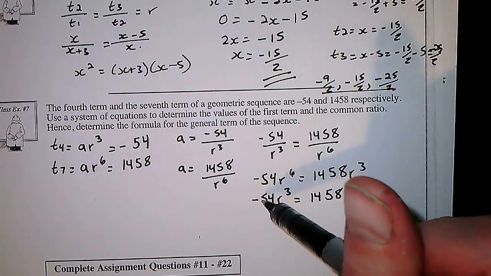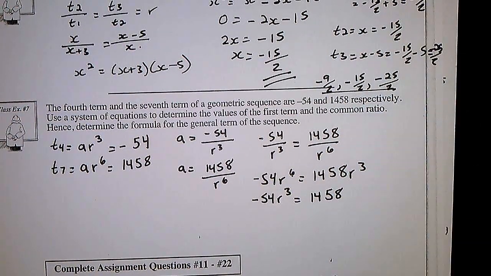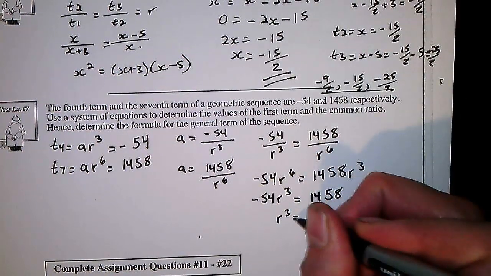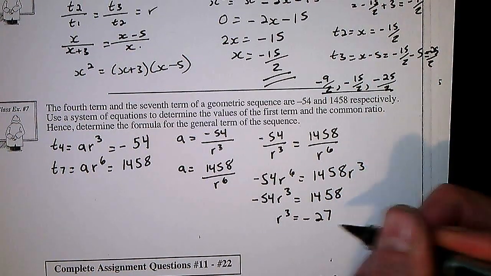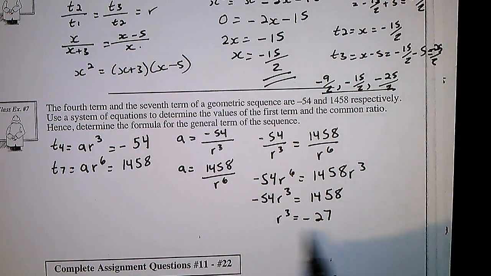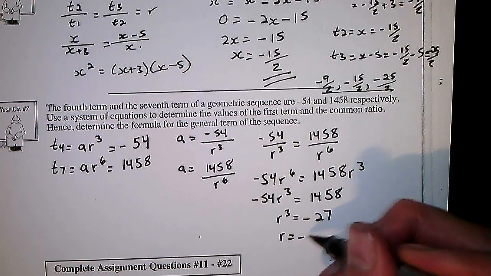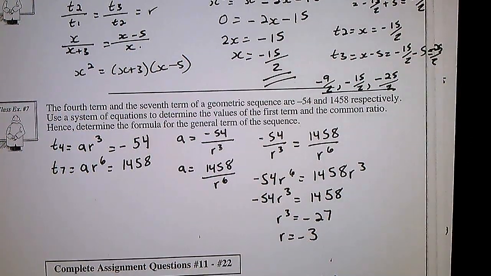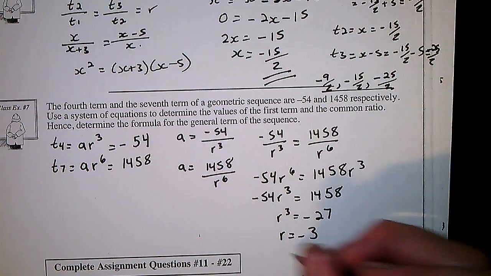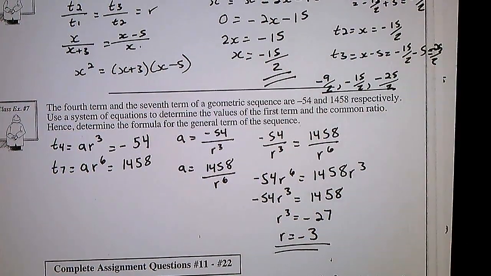Then I'm going to divide both sides by negative 54. 1458 divided by negative 54 is negative 27. Then I'm going to take the cube root of negative 27 to find r, which is negative 3. So that is the common ratio for this sequence.